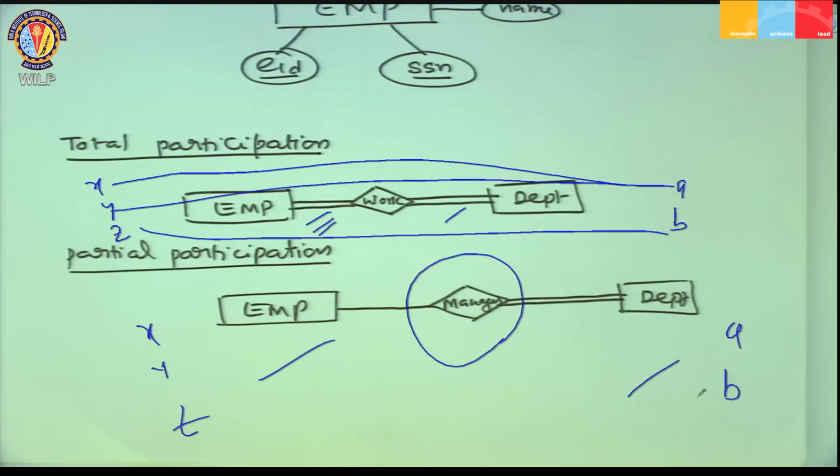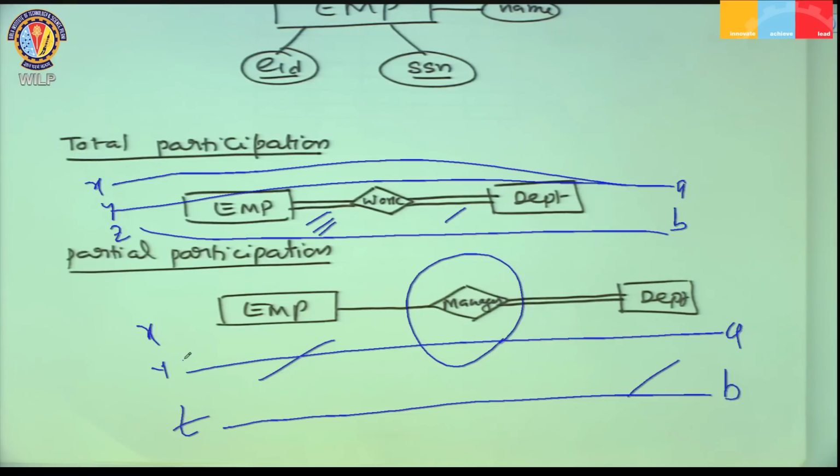Since every department must have a manager, let us assume that employee Z manages B and employee Y manages department A. If you carefully observe, there are three entities available in the employee type, but Y and Z are managers and X is not a manager. That means not all entities of this type are involved in the relationship. That's why it is partial participation, indicated by a single line.